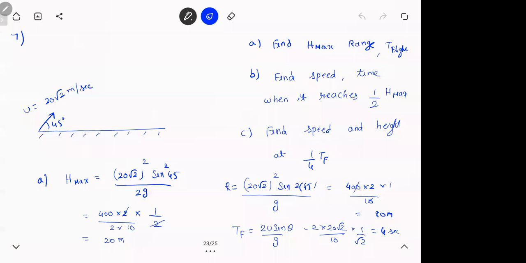So 1/4 of time of flight, that is 1 second. What do you want to find? Height, no? I'm asking basically the y coordinate.